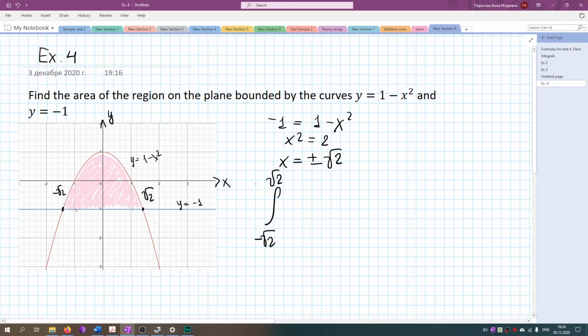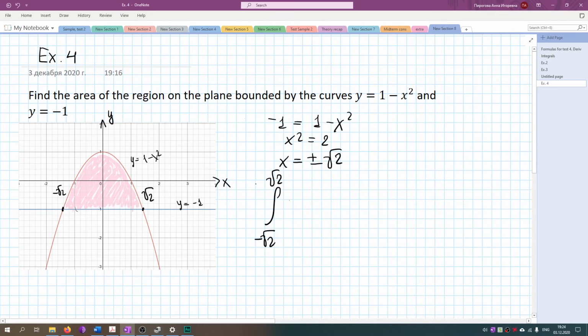On the graph you can see that the line is located lower than the parabola in this particular place where we need to find the area.